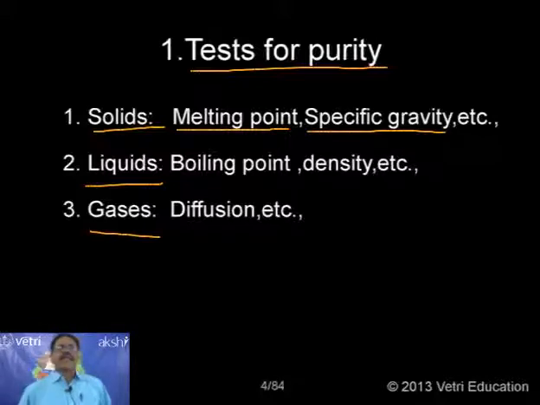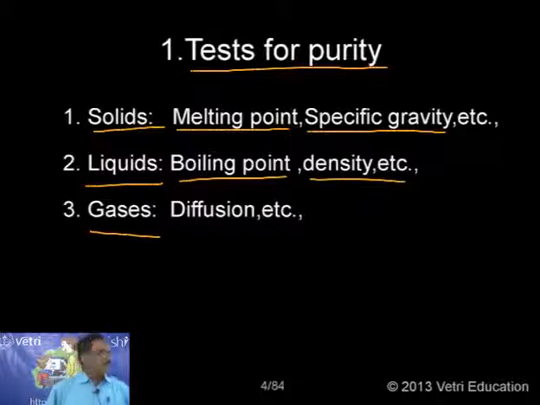Because melting point is a characteristic of any solid. If it is impure, it will not be sharp. If it is 100% pure, we will have a sharp melting point. In the same way, for liquids, boiling point and density are the characteristic properties. By measuring them, we can determine whether the sample is pure or not.